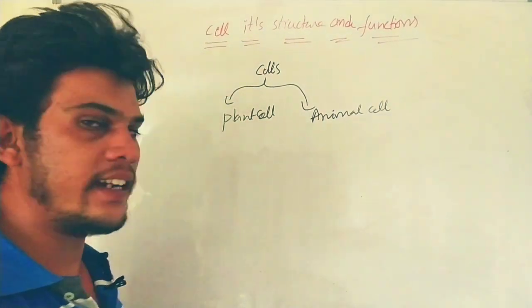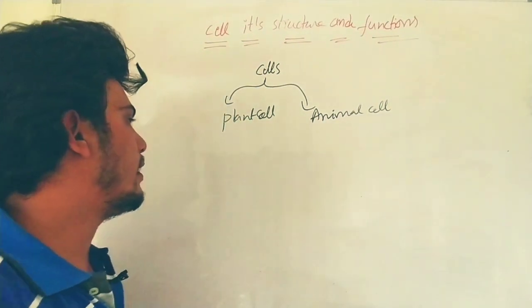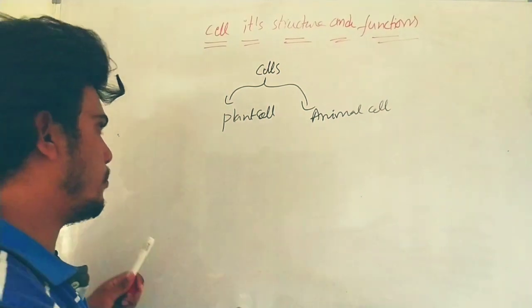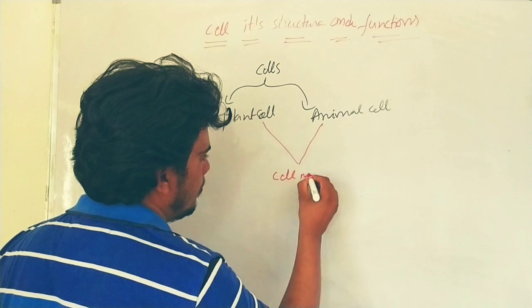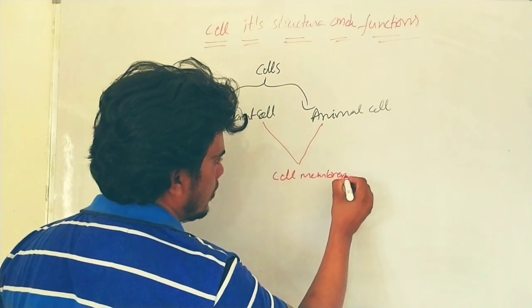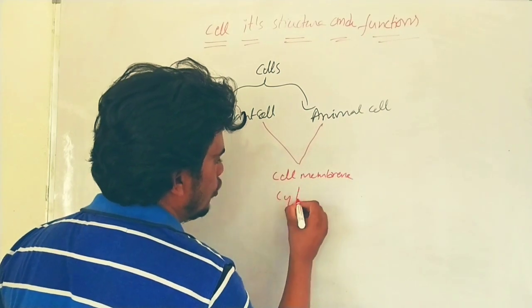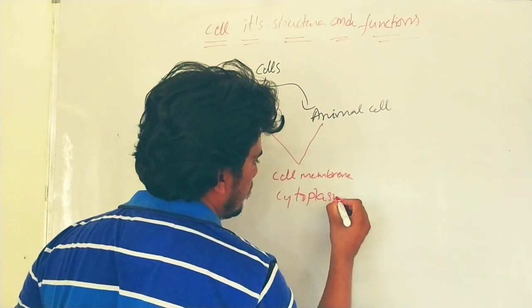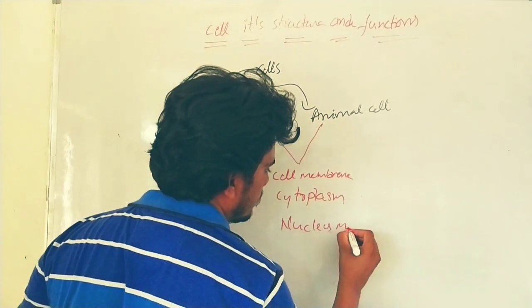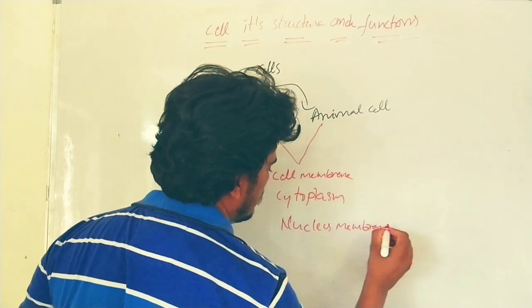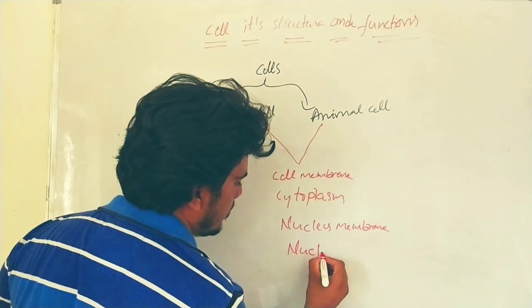So plant cell and animal cell commonly have these major parts: cell membrane, cytoplasm, nucleus membrane and nucleus.